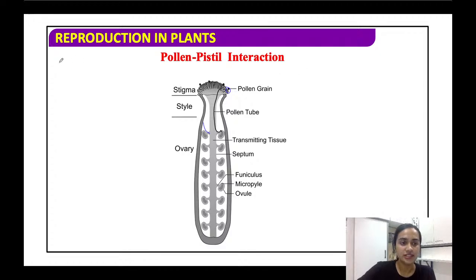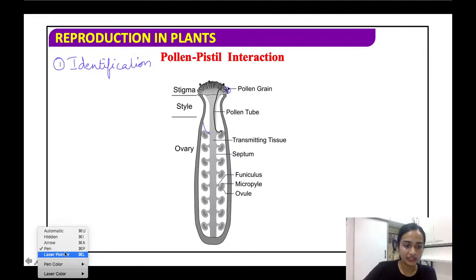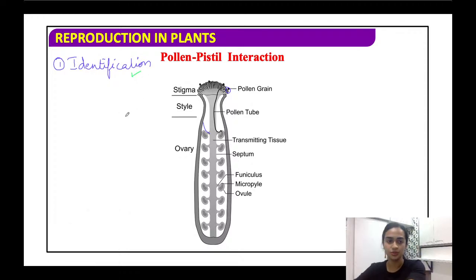So the first step is the identification. Only if this step is approved can it move on. If it is rejected, the following steps will not take place. So when this is approved, it can move to step 2.